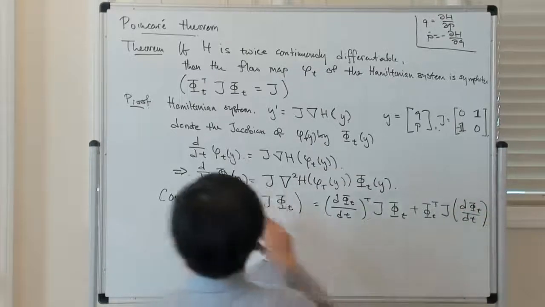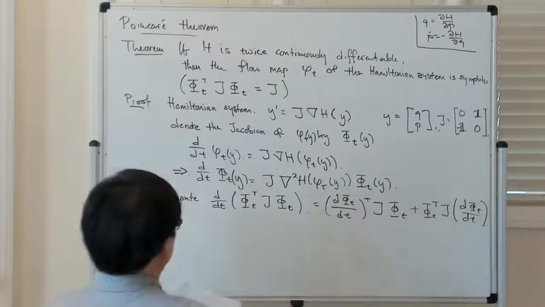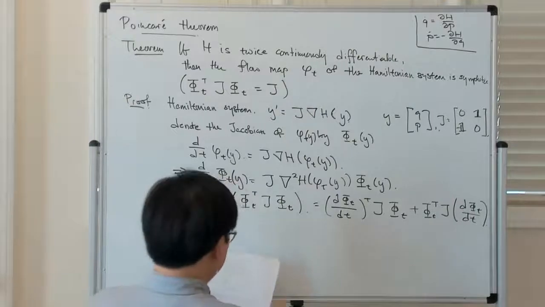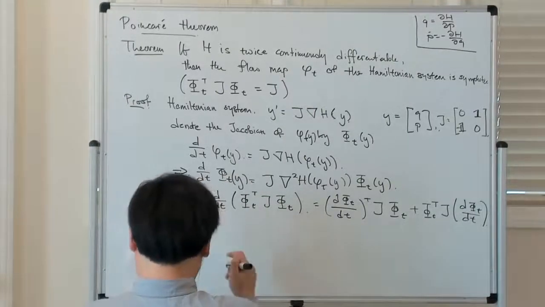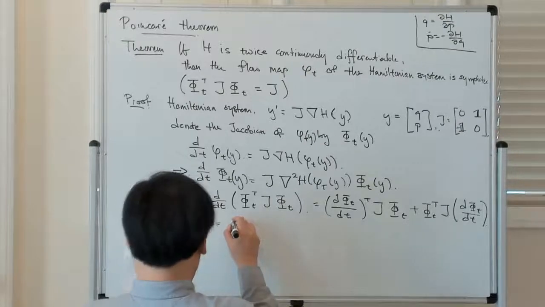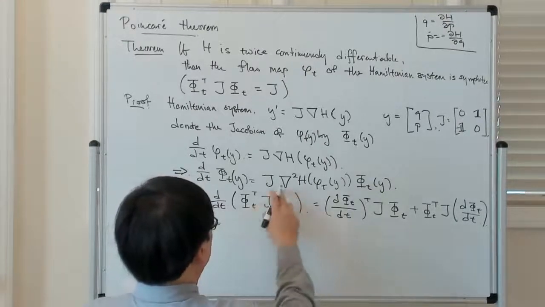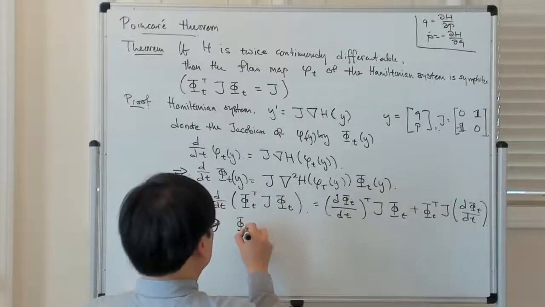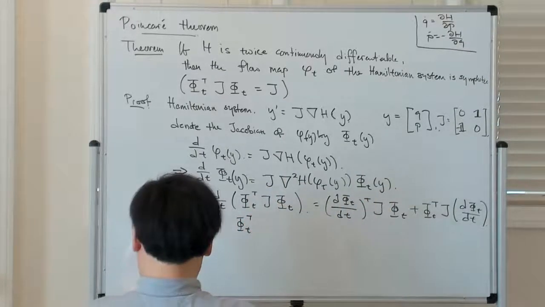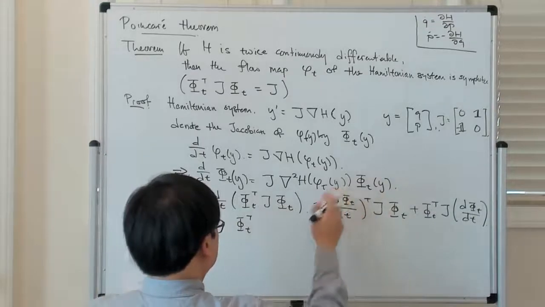And then you use this relationship here. When you transpose, you reverse the order and transpose everything. I'm going to drop the dependencies now.